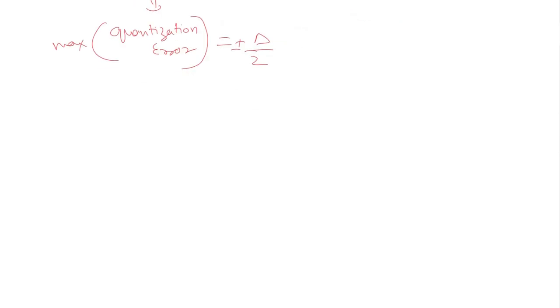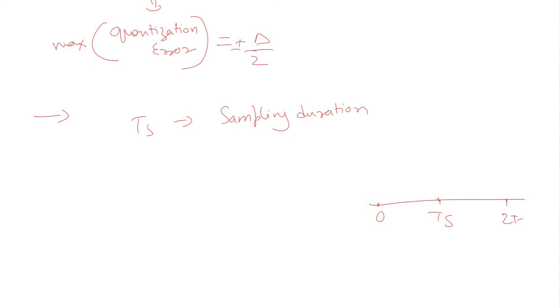Now coming to the bit duration, suppose TS is the sampling duration, that means we sample the signal at every TS instant: 0, TS, twice TS, and so on. Let's consider an example where n is equal to 2.